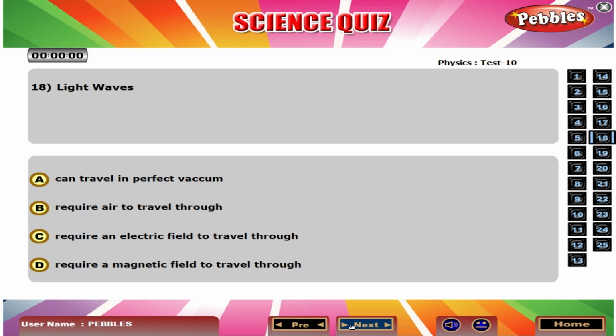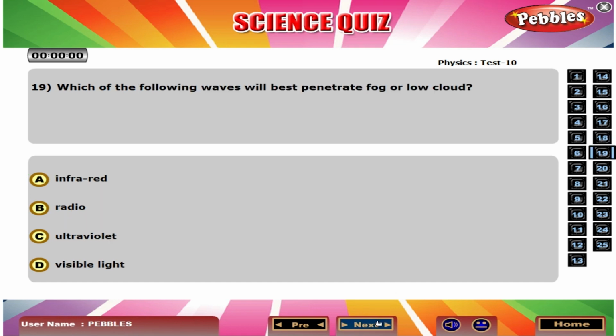Light waves, A. Can travel in perfect vacuum. Which of the following waves will best penetrate fog or low cloud? A. Infrared.